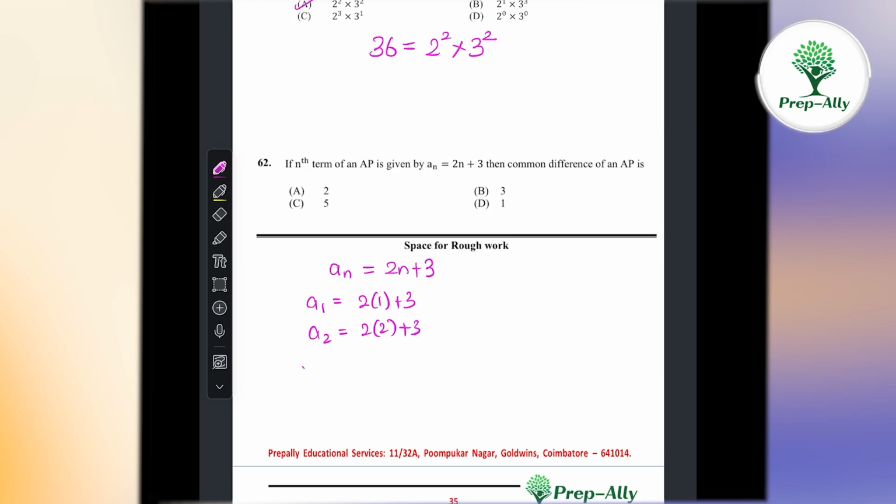And the common difference d equals a2 minus a1. So a1 is 5 and a2 is 7. So a2 minus a1 equals 7 minus 5, which is 2. So option A.